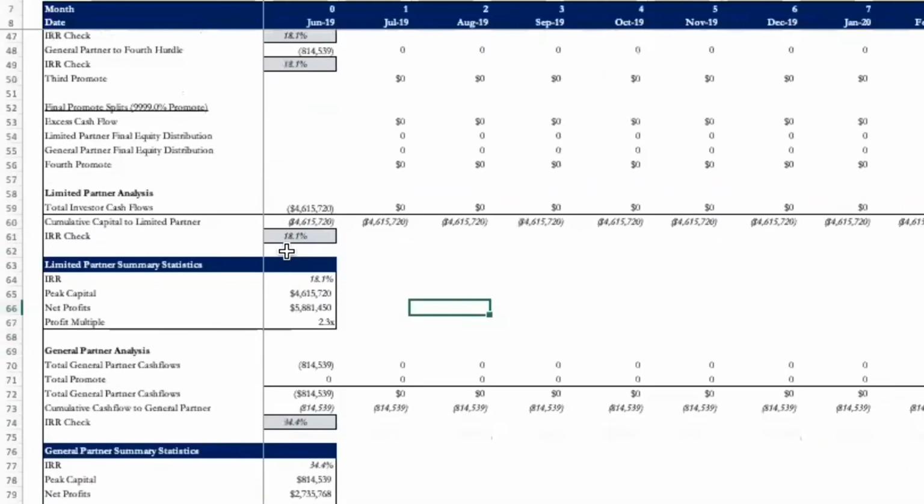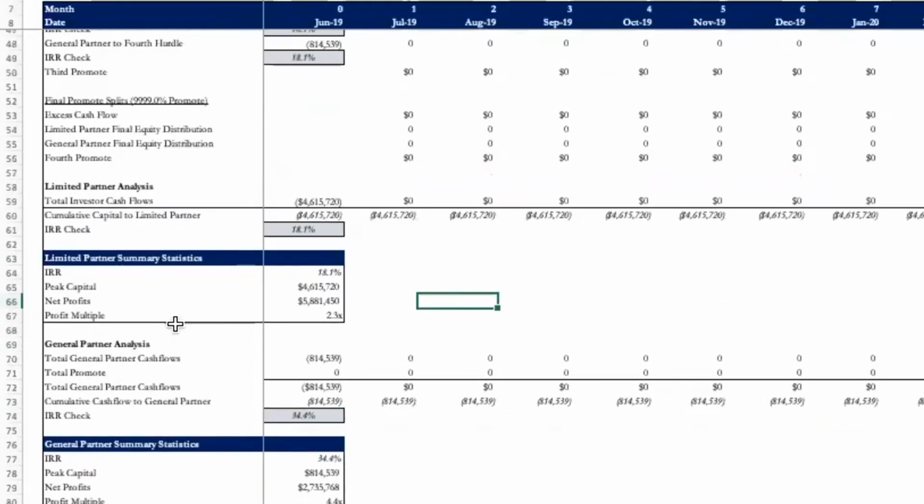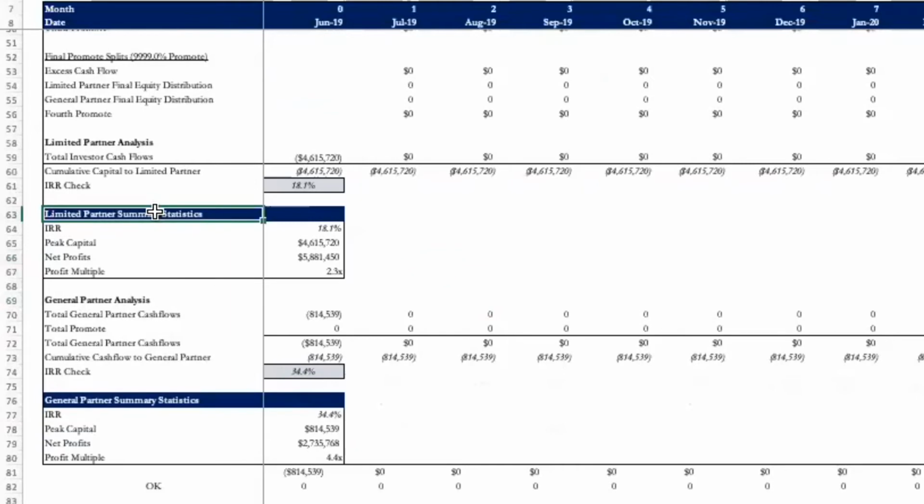Right here in the waterfall section, I have the limited partner summary statistics and also the general partner summary statistics. If you see here on peak capital, this is the amount that was provided by the limited partners, and this is the amount that was provided by the general partners. That's reflected here too as a negative sign, and right here as well as a one-time payment from the limited partners and general partners.